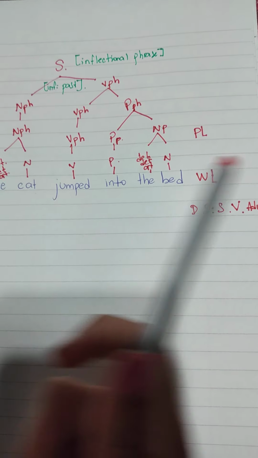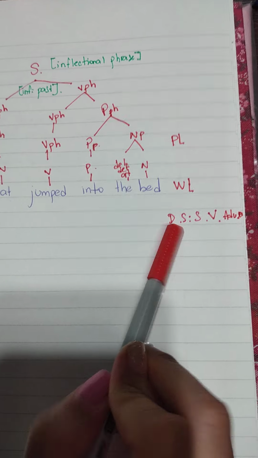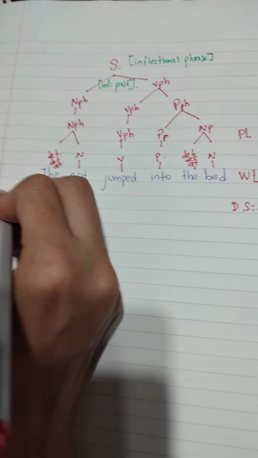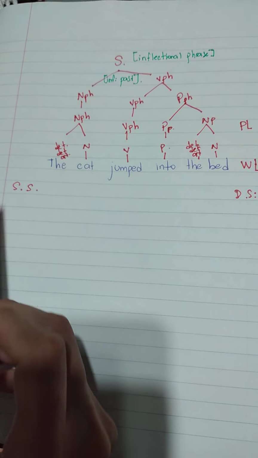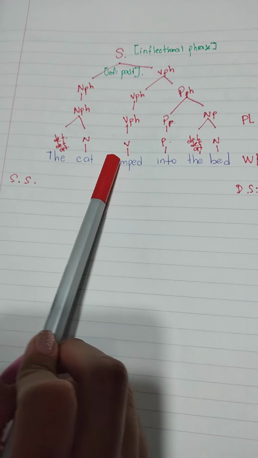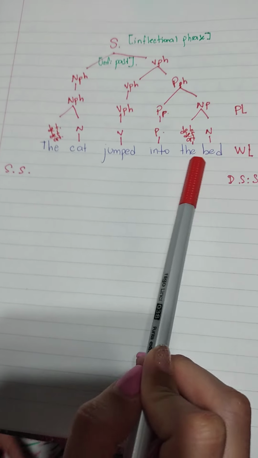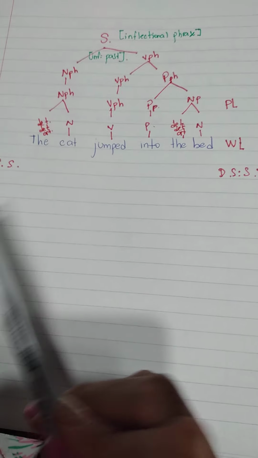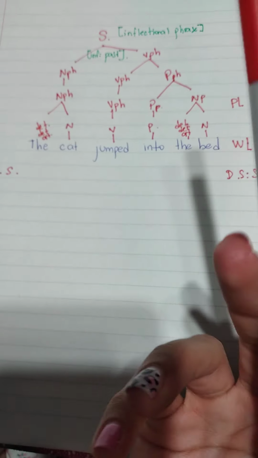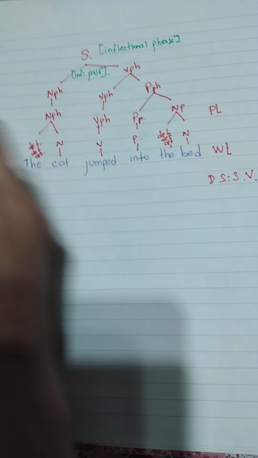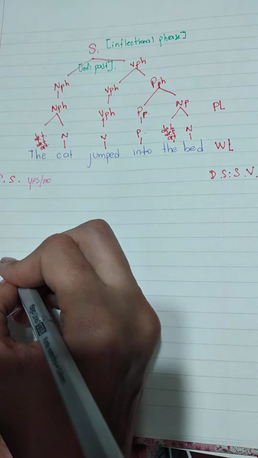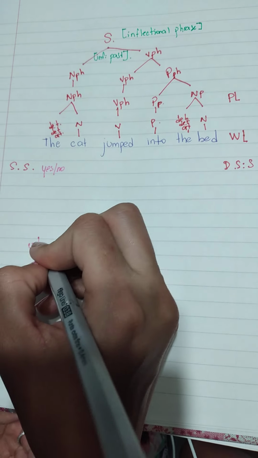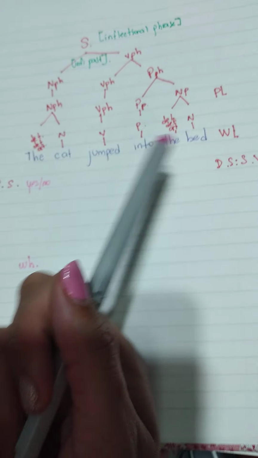So, now that we have the deep structure, let's analyze the surface structure, which is the result of all the transformations that we can do with this sentence, which can be yes-no question, WH question, or passive voice. In this case in particular, we are going to make a yes-no question and the WH question.